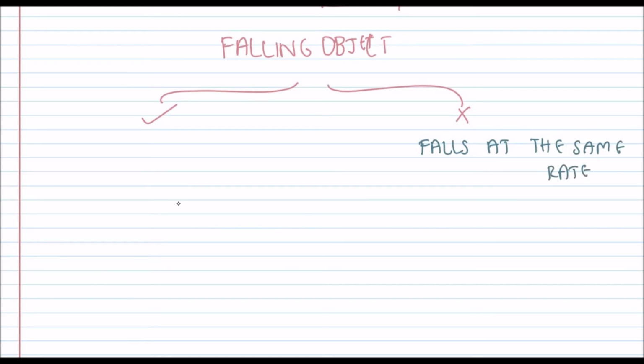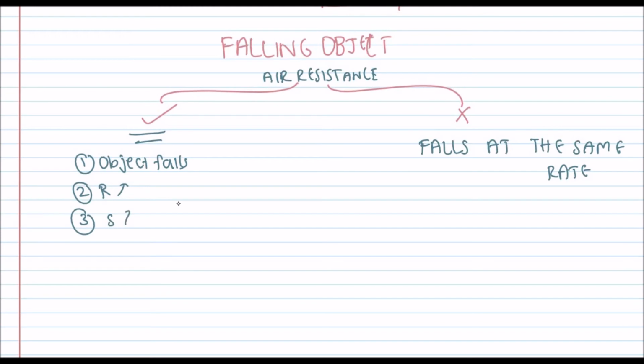But with air resistance, first the object falls. Second, the air resistance increases. Third, the speed increases. Fourth, the acceleration decreases.